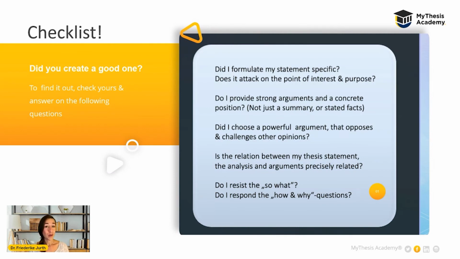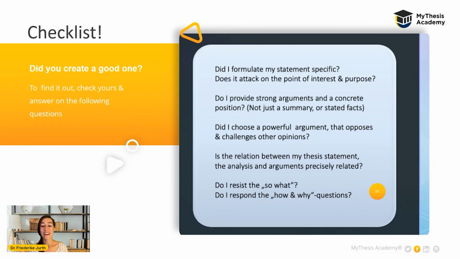I also provide this as a template that you can download and use it to check your statement. First question: did I formulate my statement specific? Also, try to answer if it attracts the point of interest and the purpose.